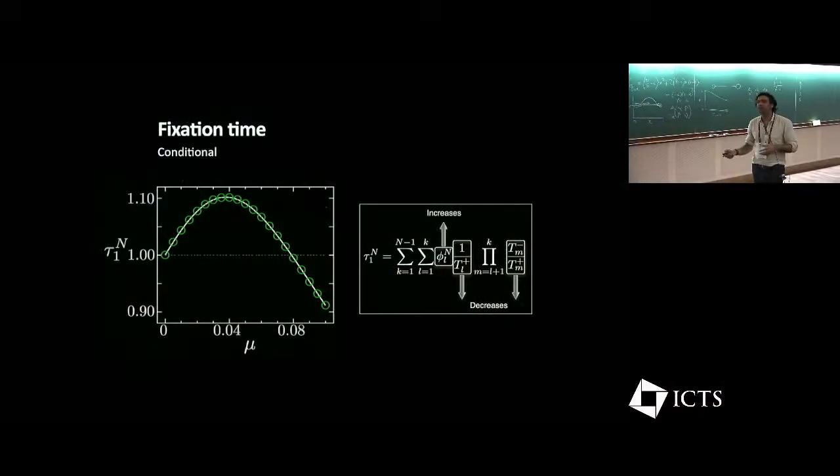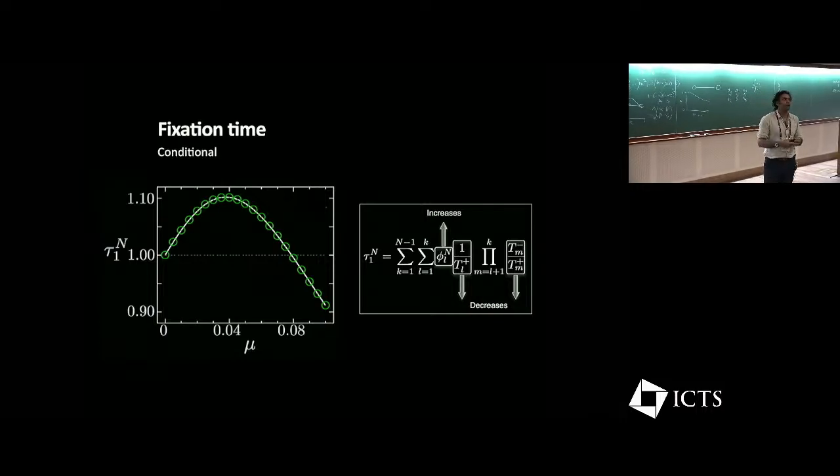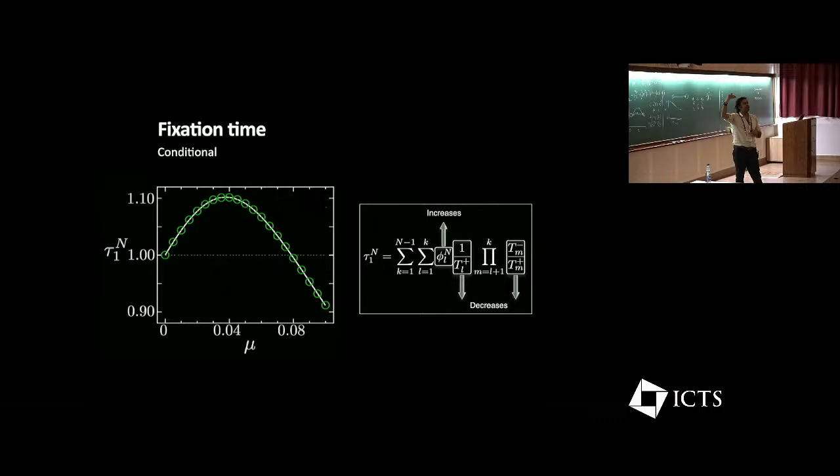So for very weak mutation rates, you see that this conditional fixation time takes longer to fix in A than it would by neutrality.